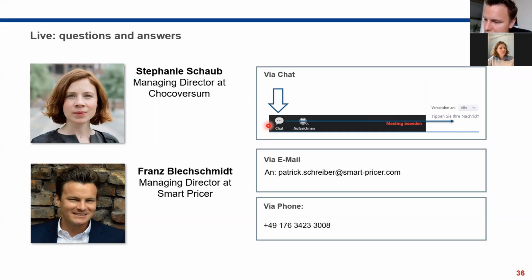Basically, the question, Steffi, is more in our direction. How is demand affected by a change of price? So how do we measure this?